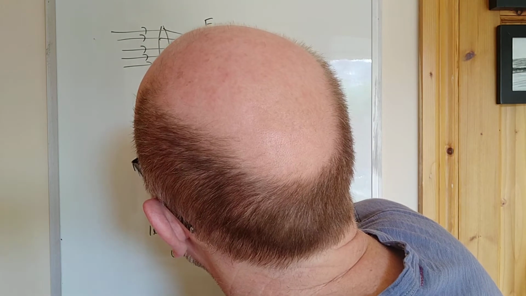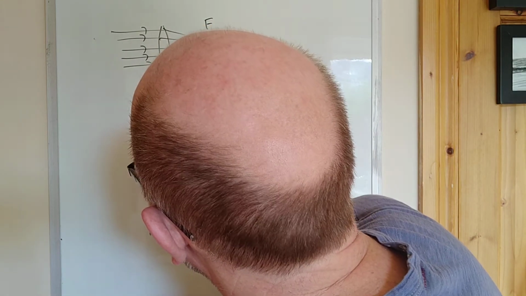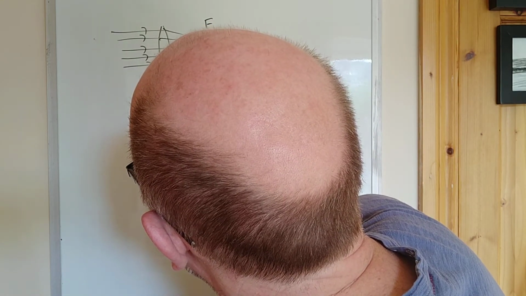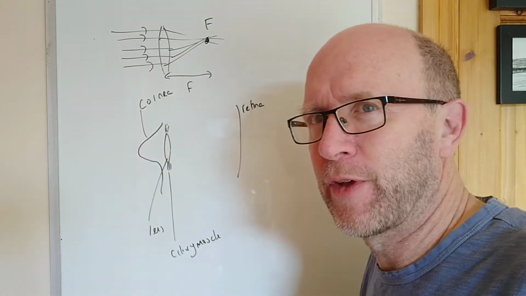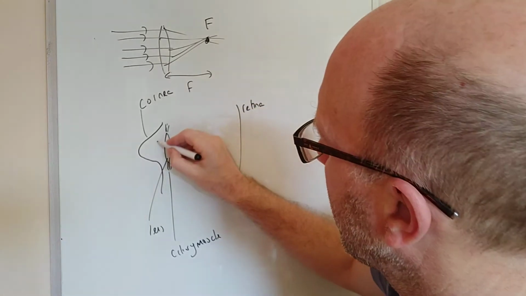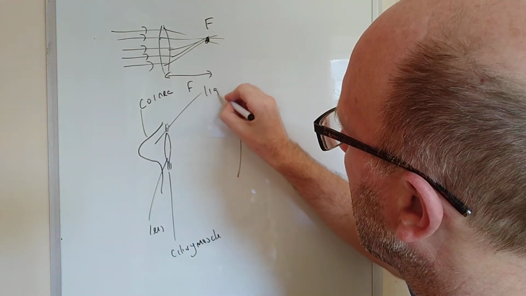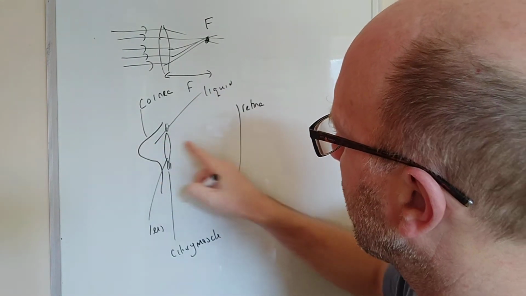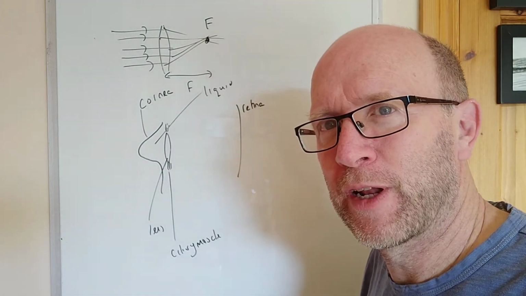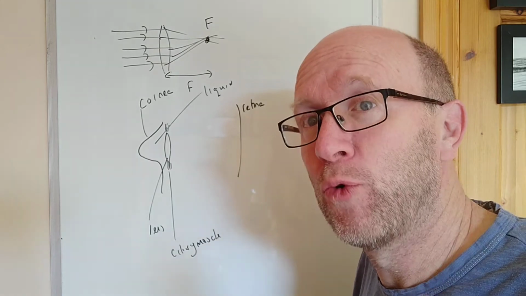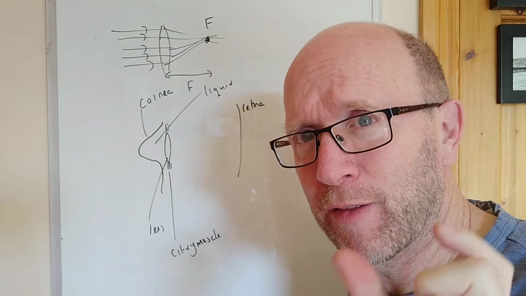Now, outside of that, and which is very important, we have the cornea, which is the air to cornea interface. Then we have a liquid in here, called the aqueous and the vitreous humor, but we'll just call it a liquid for the time being. Basically we have two lenses forming a lens system, and that's the important thing.